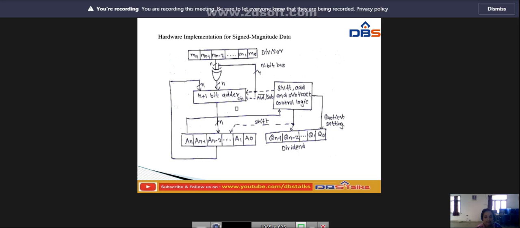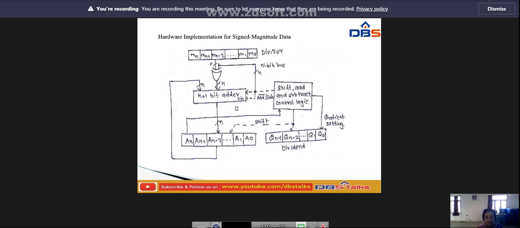The example is given here to clarify the proposed division process. The divisor is stored in the B register, and the double length dividend is stored in registers A and Q. The dividend is shifted to the left, and the divisor is subtracted by adding its 2's complement value, E. This is the working of this diagram, the hardware implementation for signed magnitude data.